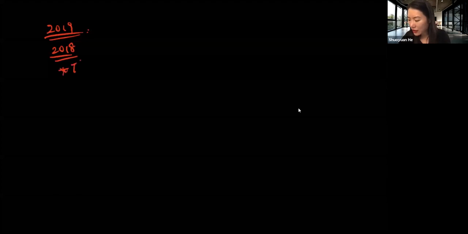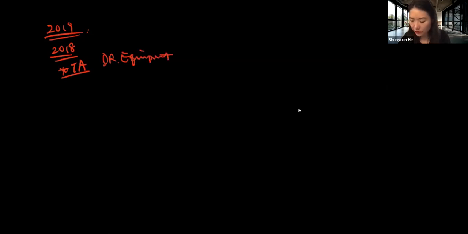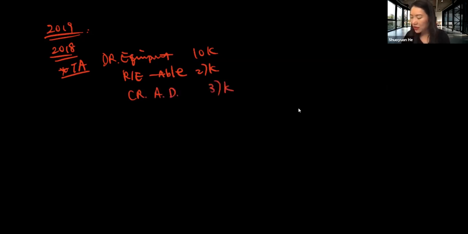We have a start TA entry, which is to debit equipment and debit retained earnings for Able. So this is 10,000 and 27,000. And we credit accumulated depreciation, 37,000.